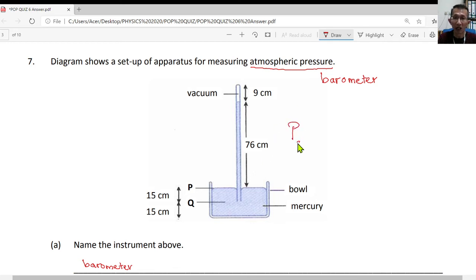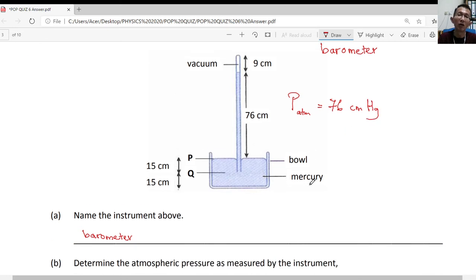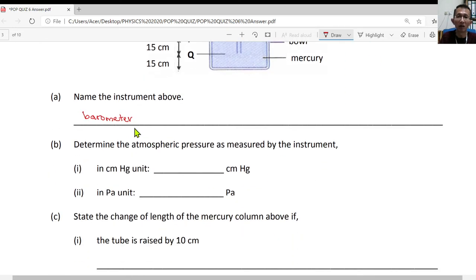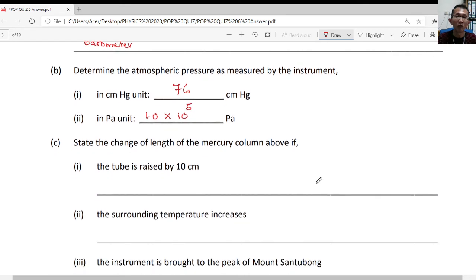So P atmospheric is 76 centimeter mercury. So that is the atmospheric pressure. So what is 76 centimeter mercury in Pascal? That will be 1.0 times 10 to the power of 5 Pascal. Alright. Now, let's go to C.